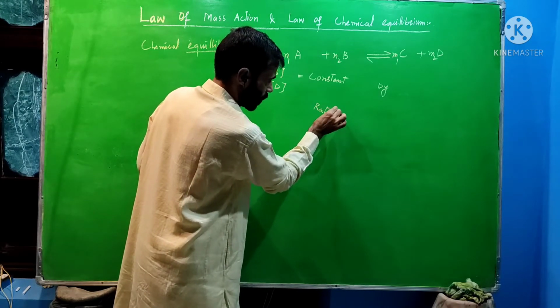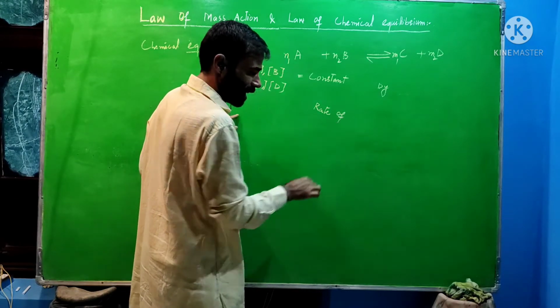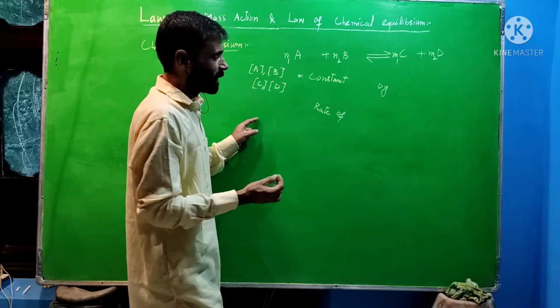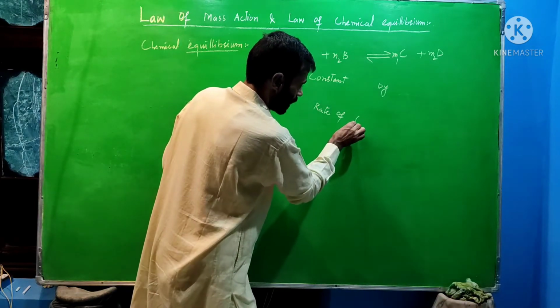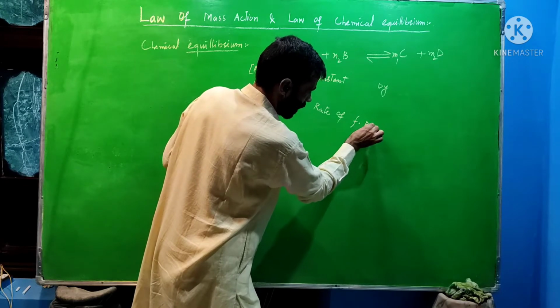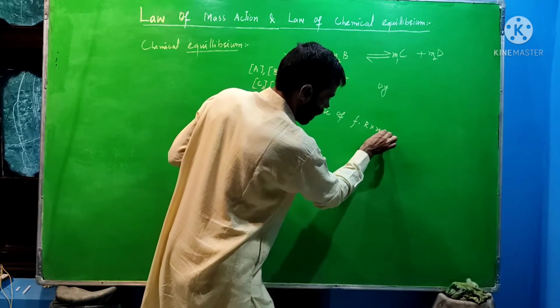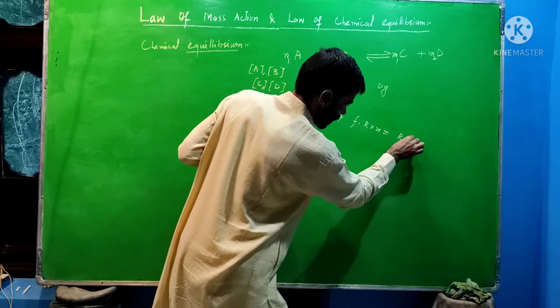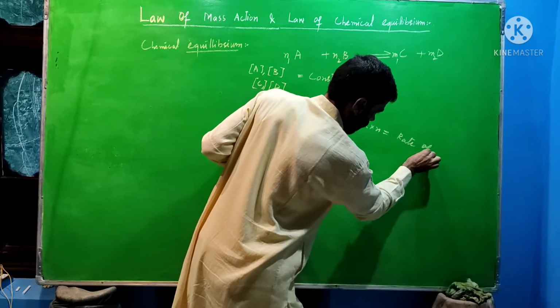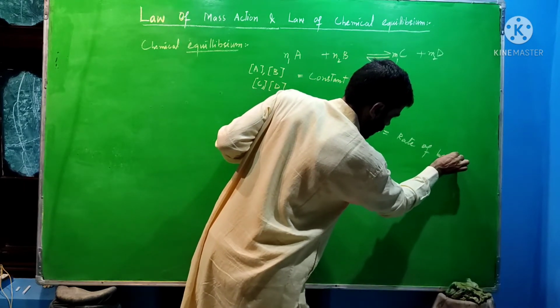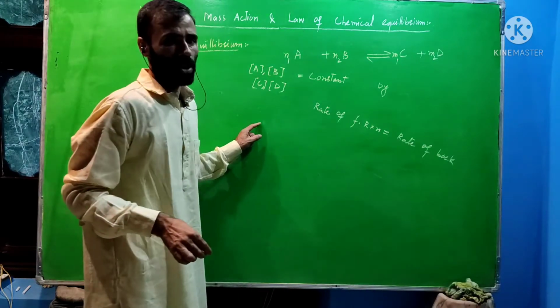In simple terms, we can say the equilibrium state is that stage of the reaction at which the rate of forward reaction becomes equal to the rate of backward reaction, and that stage we call the equilibrium stage.